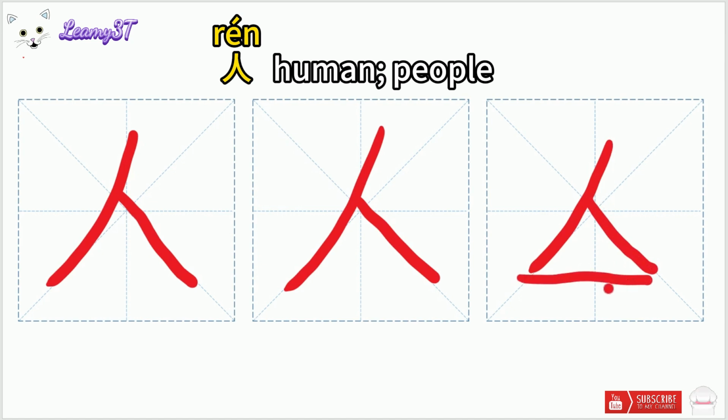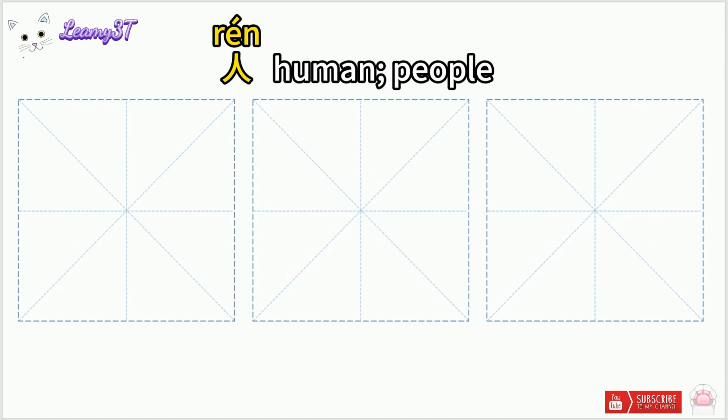Or you don't have to. Actually, usually when we write the word 人, 捺 should be slightly longer than 撇. But it doesn't matter if you cannot control the length. Just make sure the whole character is in the center of the grid.